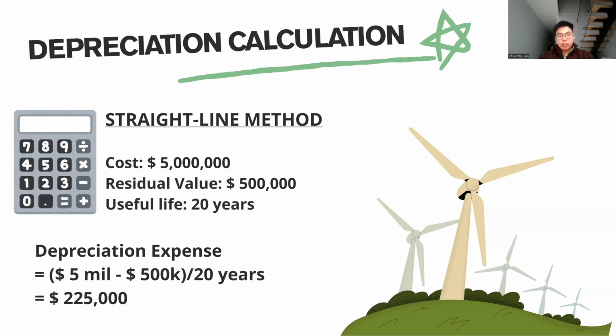In each year, this $225,000 will be recognized as a depreciation expense in the income statement. At the same time, the accumulated depreciation will also be increasing on the balance sheet, and it reduces the carrying amount of the wind turbine over time. The asset will continue to depreciate until it reaches the estimated residual value.